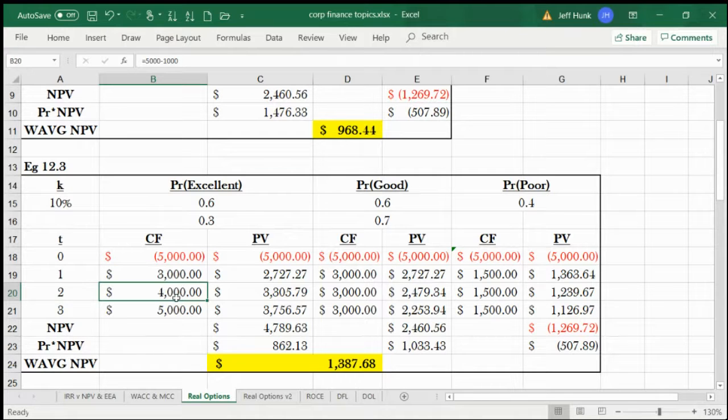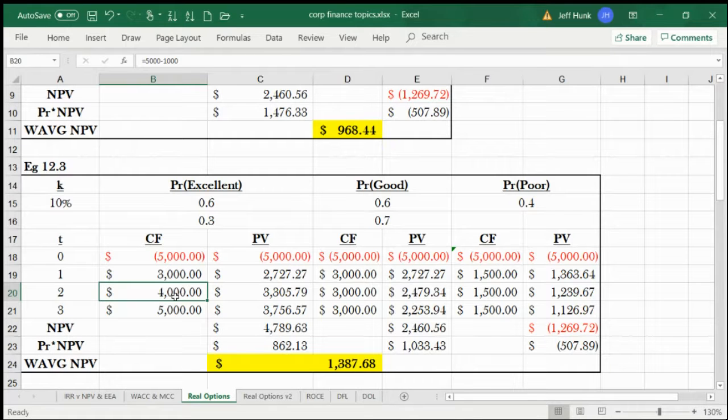Now you understand why the cash flow in year two is $4 million, right? Because this is the balance. I mean, $5 million cash inflow, but you have to invest $1 million for machinery and equipment.